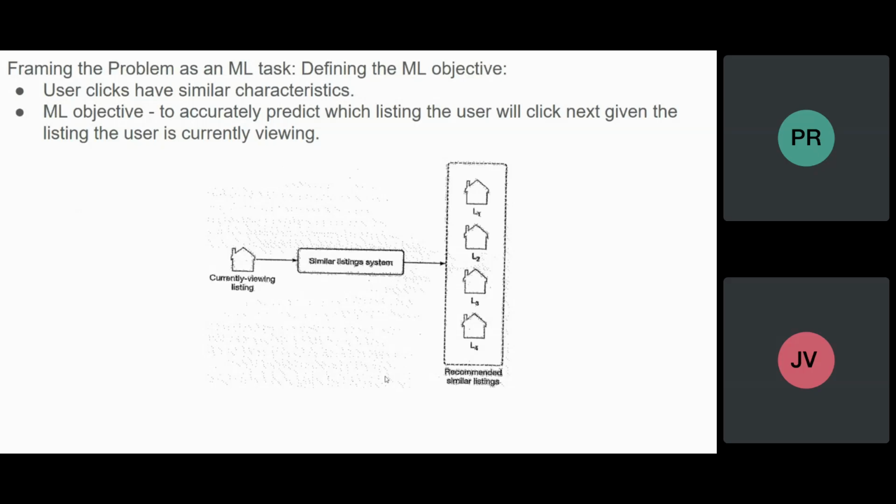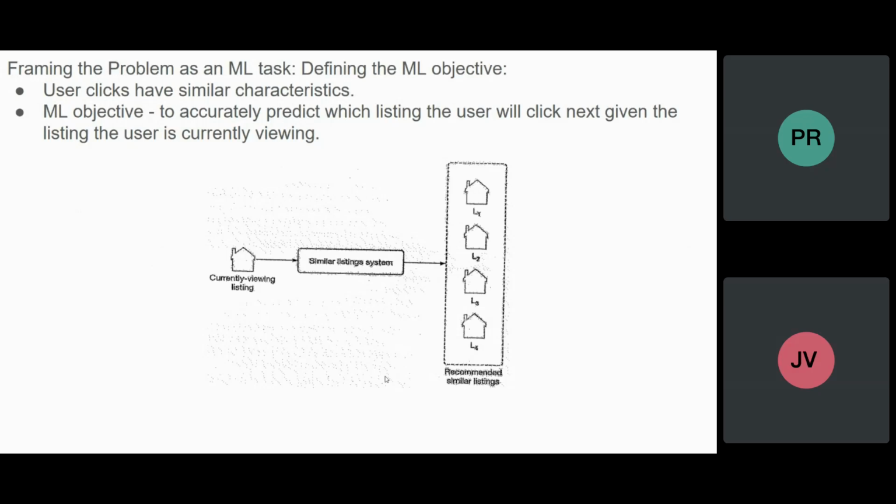Framing the problem as an ML task, which is what we do when we have to translate the business objective, here increasing the number of bookings, into an ML objective. The ML objective is to accurately predict which listing the user will click next, given the listing the user is currently viewing.